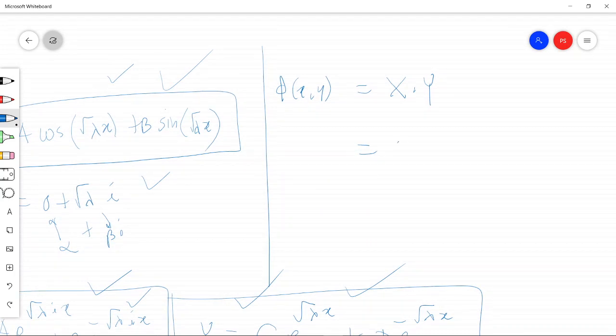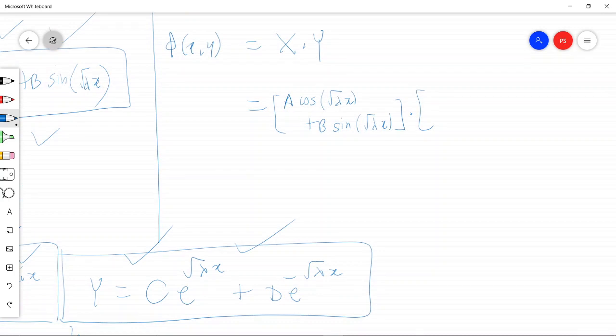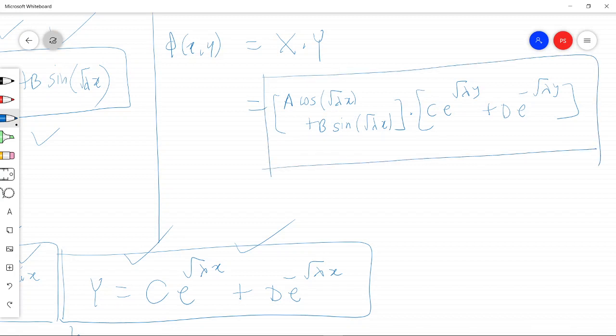So instead of X we write it as A cos of root lambda x plus B sine of root lambda x, into C e raised to root lambda y plus D e raised to minus root lambda y. Yes, so this is the final solution, or the general solution, for the function phi of x, y, and this is how we solve it by applying the method of separation of variables.